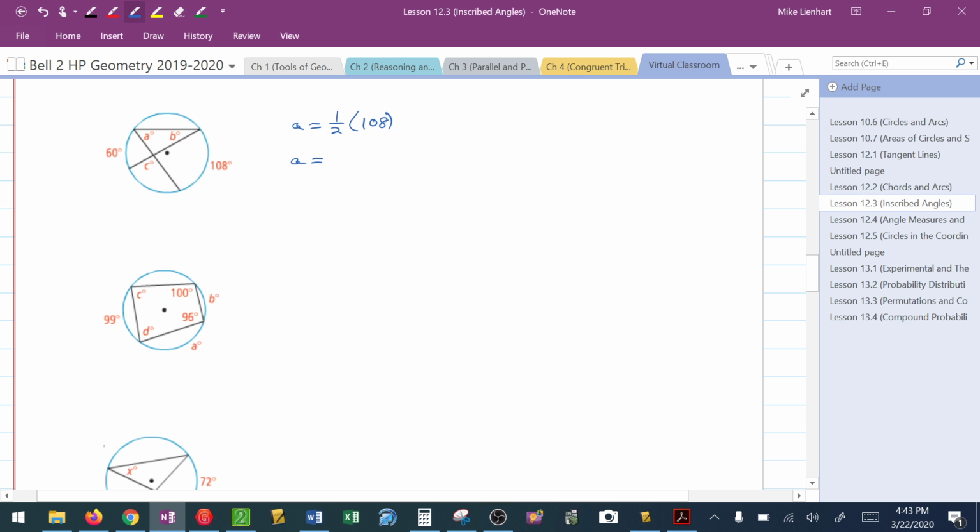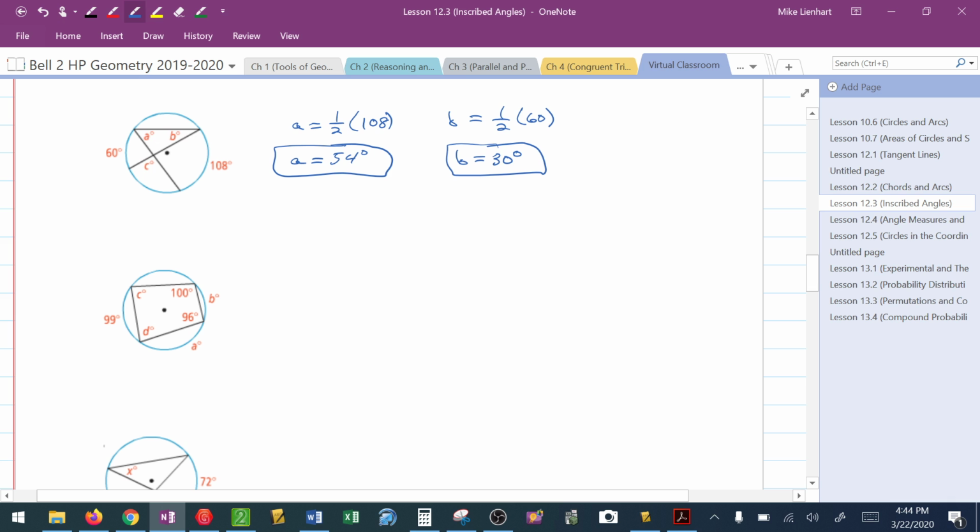So I can automatically deduce that angle A must be 54 degrees. All right. I go to angle B. I notice that it's an inscribed angle because its vertex is on the circle. So I'm able to deduce that B is equal to half its intercepted arc, which is 60, or B is 30 degrees.